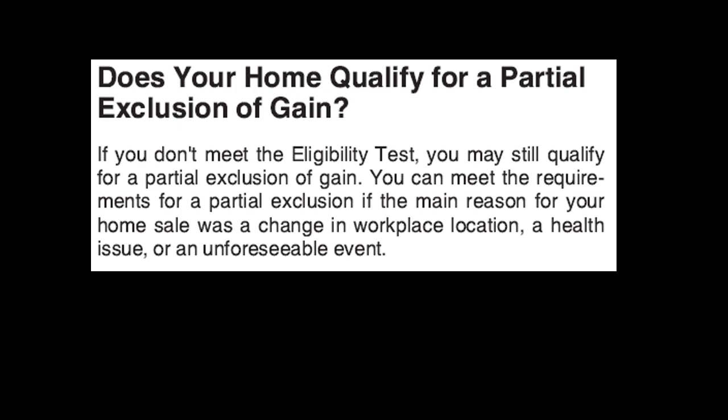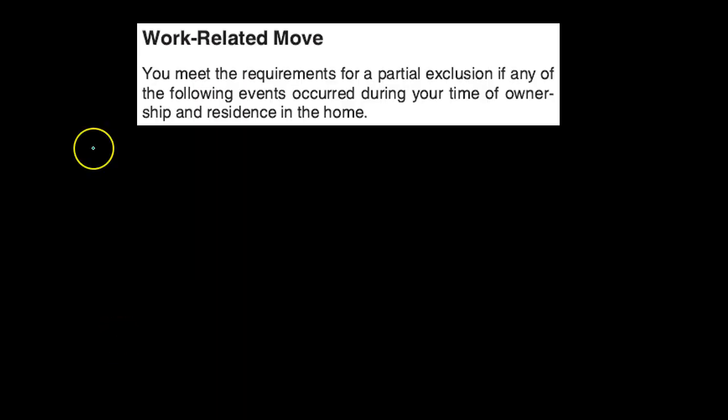You can meet the requirements for a partial exclusion if the main reason for your home sale was a change in workplace location, a health issue, or an unforeseeable event. So those are going to be our main conditions we are looking for. Let's take a look at that one more time.